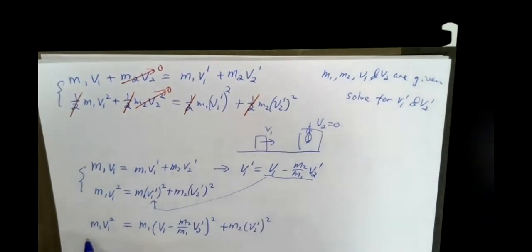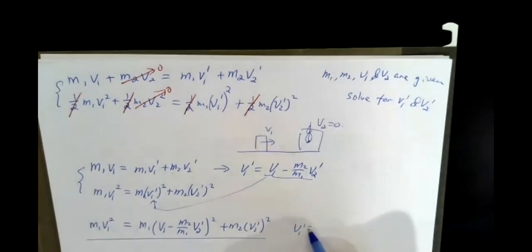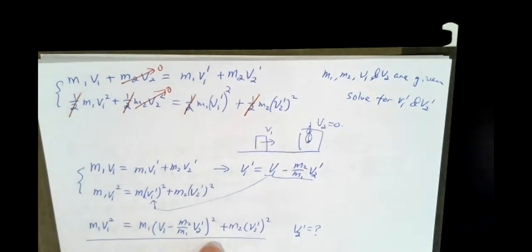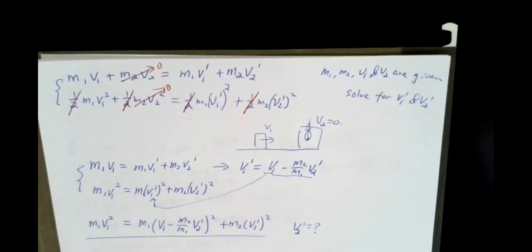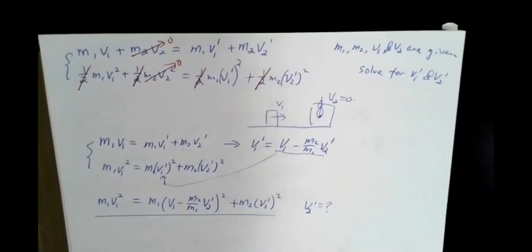Now you have one equation with only one unknown, v2 prime. You can solve for v2 prime from this equation, but it will be a quadratic because you have v2 prime squared.